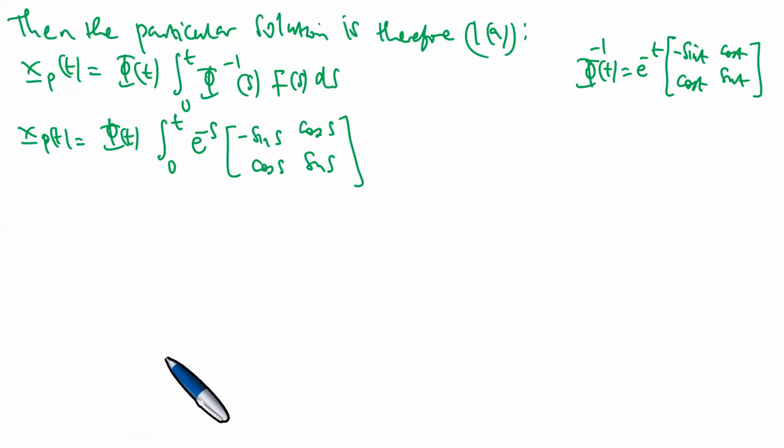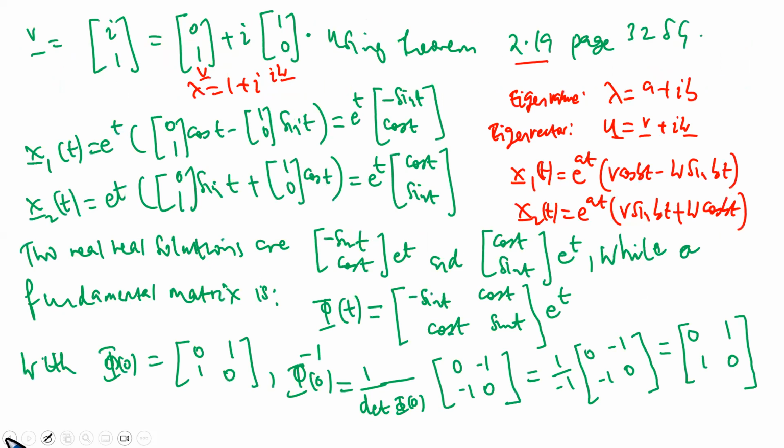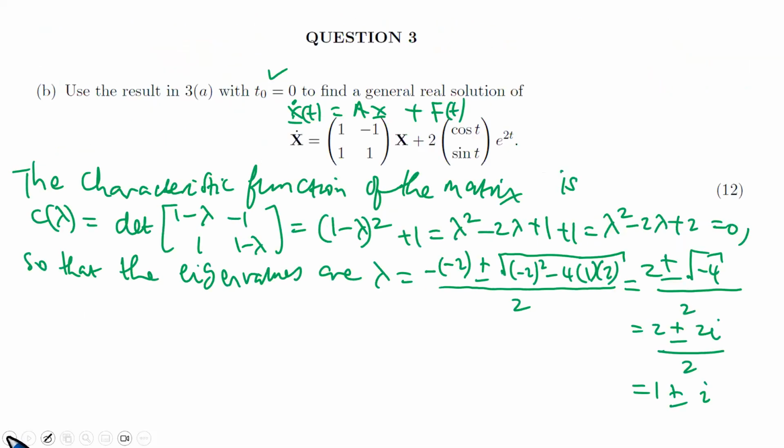Because f of s becomes what we achieve from the equations themselves. Here is f of t. F of t is 2 cosine t sine t e to the 2t.